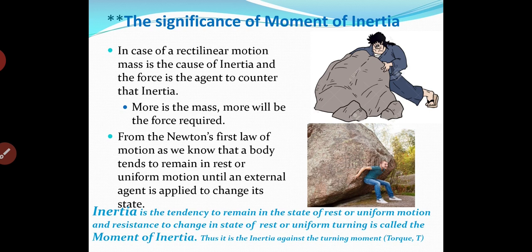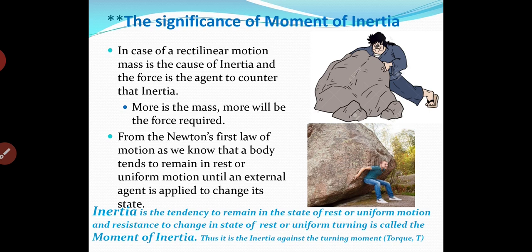Here we did not mention which type of force or motion that is. If it is a rectilinear motion, then we call it rectilinear inertia, or simply inertia. Inertia is the tendency of a body or a mass to remain at rest or in uniform motion.